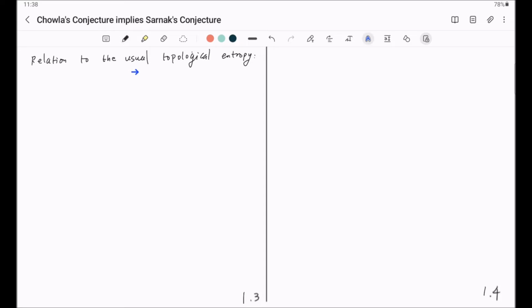Now recall the usual definition of topological entropy for a compact metric space.